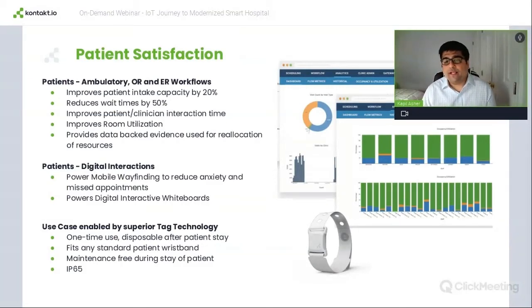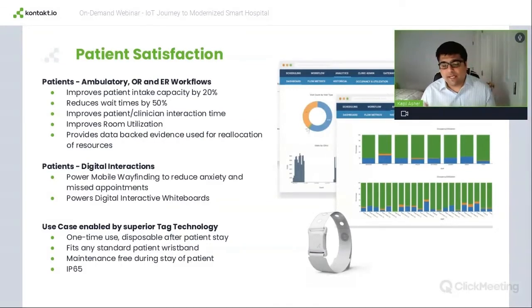Now, like I said, we enable that with our own BLE tag. This is a disposable tag. We have both reusable as well as disposable tags, but disposable is getting more popular these days because the staff members do not want to deal with reprocessing the tag after every patient use, cleaning them, and making sure they are decommissioned from the software and commissioned to another patient in the software.